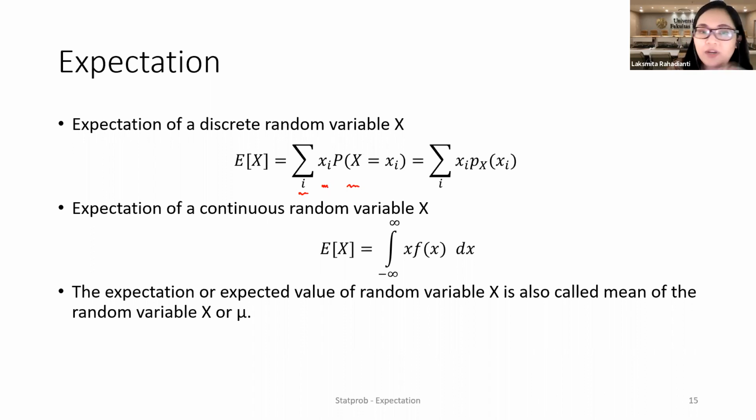That is for a discrete random variable, but your continuous random variable follows the same logic, only that instead of summing it up, you use the integral between negative infinity and infinity, and you substitute x_i, like any x, with your function instead of your PMF. Often this is referred to as the mean, or also the average or the mean of the random variable.